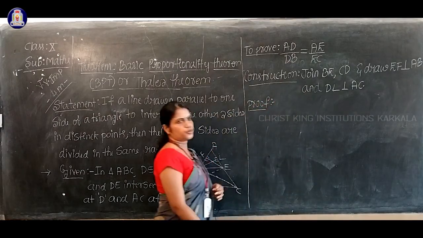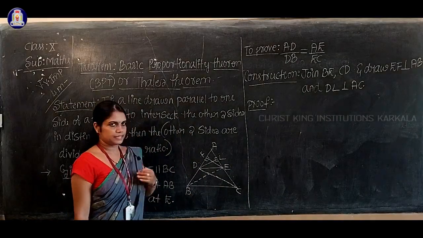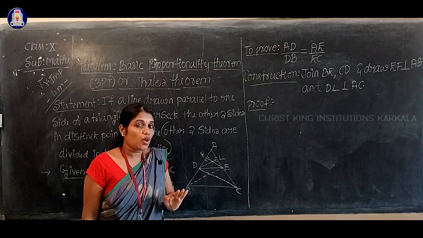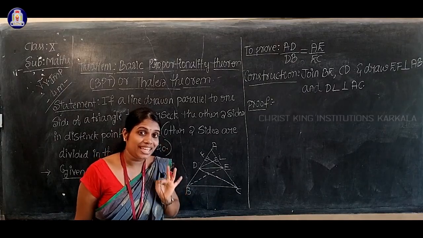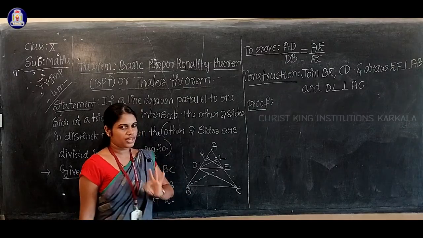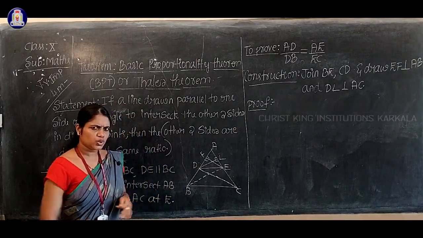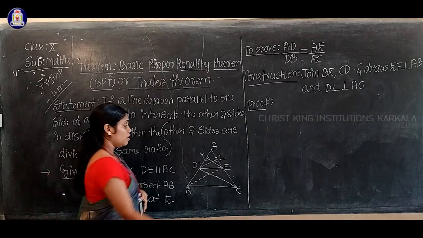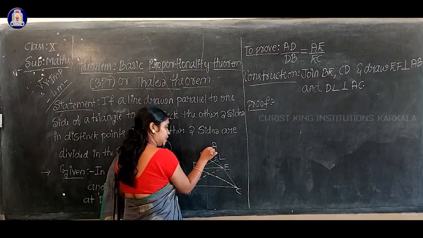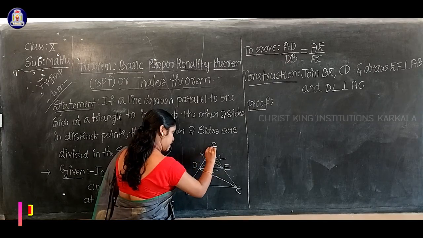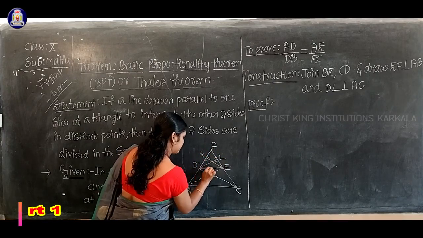So what is this proof part? See here, I will consider the ratio of the areas of two triangles. Which are those two triangles? First one, triangle ADE.